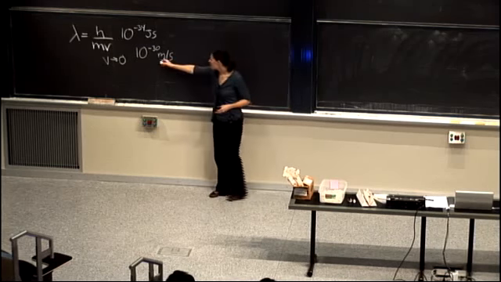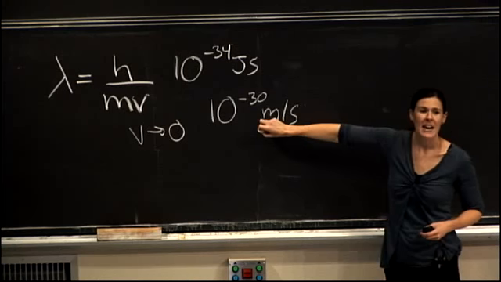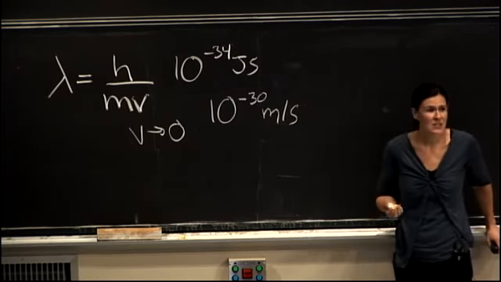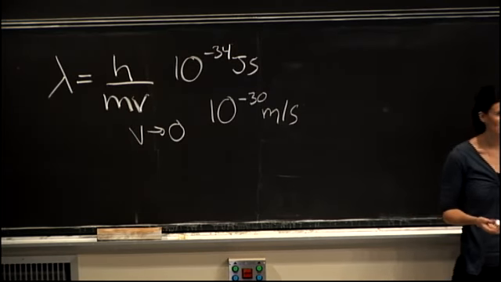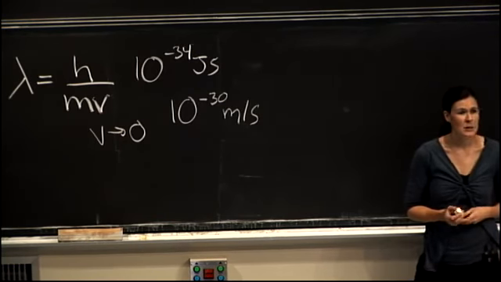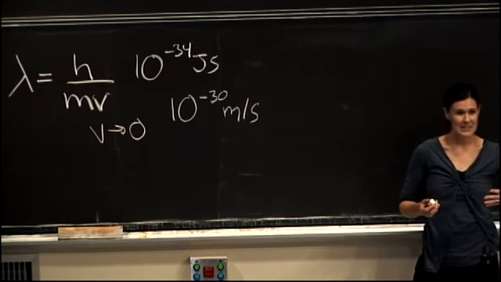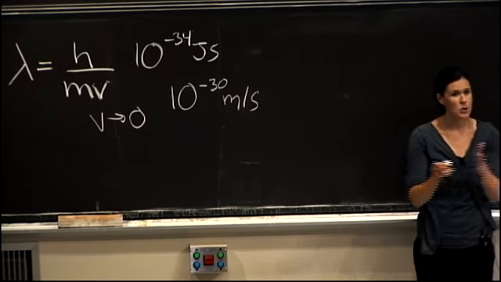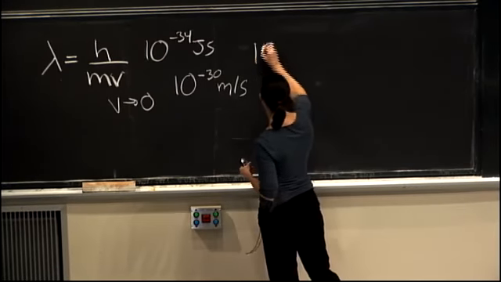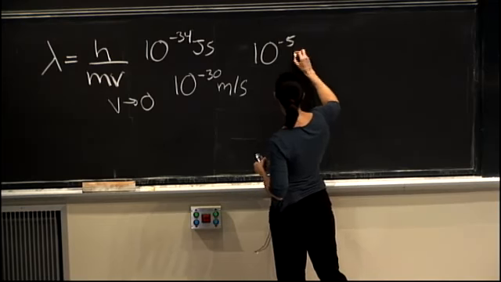In fact, if we're talking about something going 10 to the negative 30 and we're going to observe it using our eyes, so using visible light, we're actually not going to be able to do it, because we're limited by the wavelength of light in how precisely we can measure the position. Let's say the wavelength of light is on the order of 10 to the negative 5th meters.